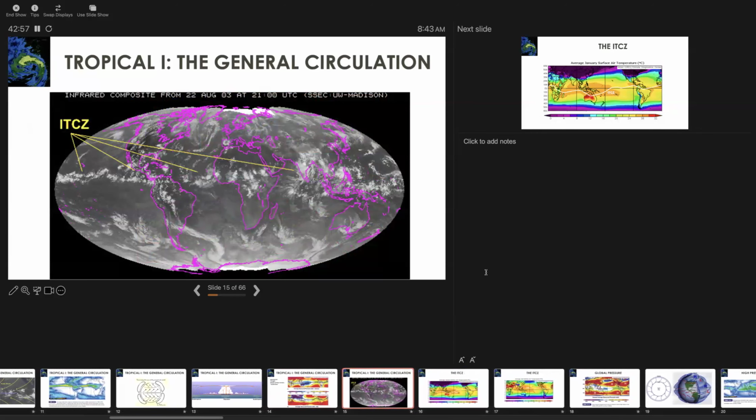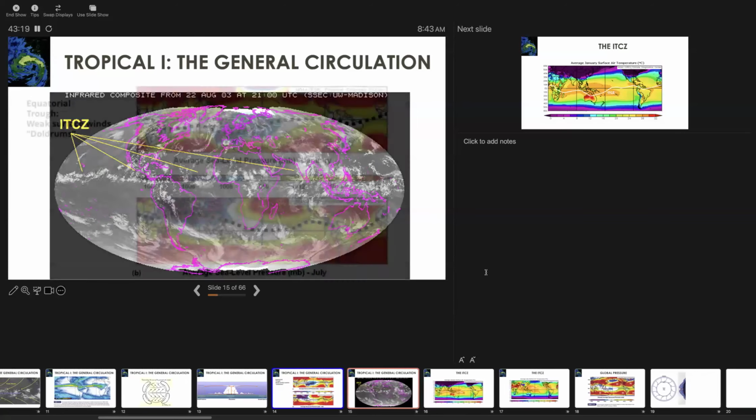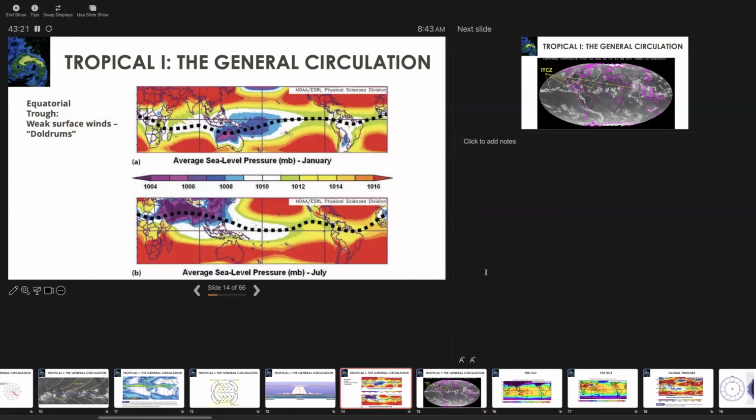A couple of other images. Here's another one showing the ITCZ. So this is August 2003, right? Here's all of the convection over here. Again, it gets pretty messy over the Amazon, comes down through, it gets pretty messy over the rainforest here. We're going to come back and talk about the monsoon that messes it up, right? That just goes to show that the ITCZ moves over the seasons.